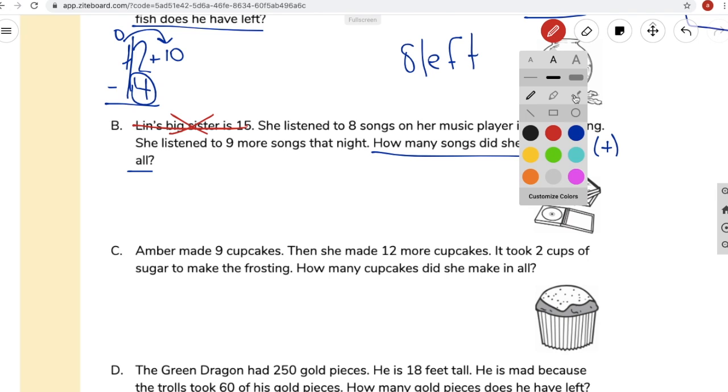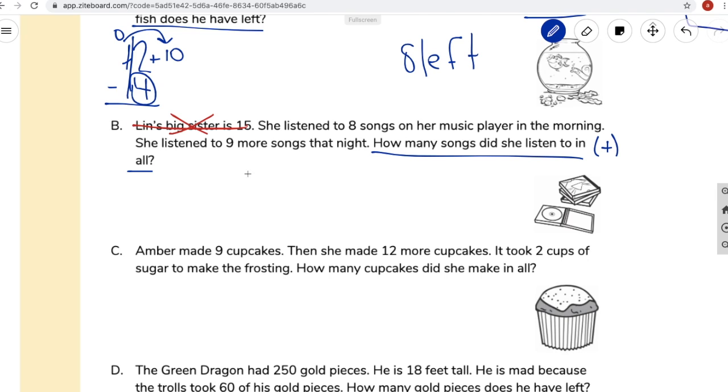So, if you're comfortable, you could say, okay, she listened to 8 songs. And then I know that in all means that I add. And she listened to 9 more. So 9 more also tells me to add. So 8 plus 9. Or we could do our whole part chart.